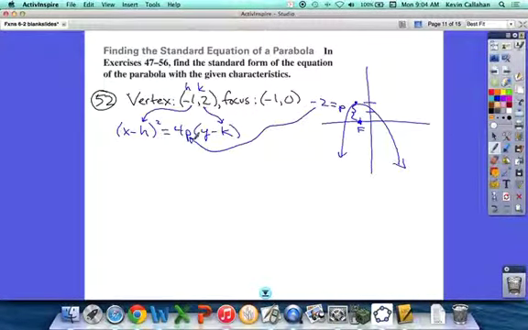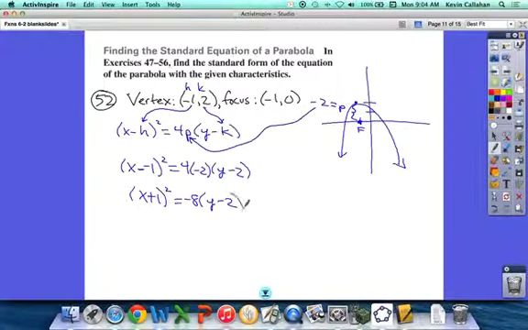So let's plug in all that stuff. X minus negative 1 squared equals 4 times negative 2 times y minus 2. X plus 1 squared equals negative 8 times y minus 2. Done.